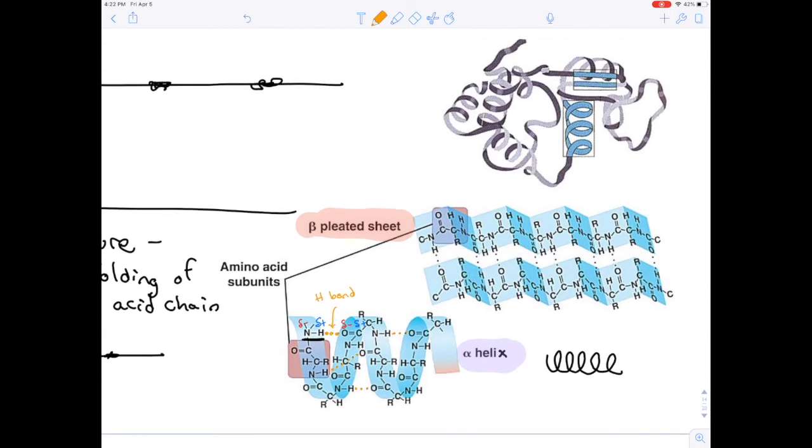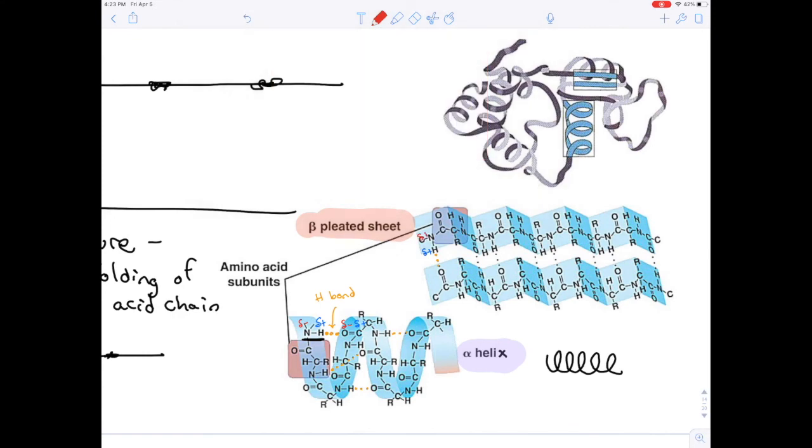The other structure is a beta pleated sheet, and this is sort of like an accordion. If you were to look at a beta pleated sheet from the side, it would look like a zigzag. Or if you were to fold a paper many, many times, you would get this accordion shape and it'd be a beta pleated sheet. And you can see the same thing is holding this together. They're hydrogen bonds between the slightly positive hydrogen that's bonded to a nitrogen in the amino acid.